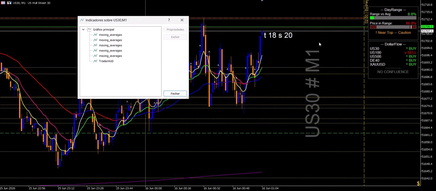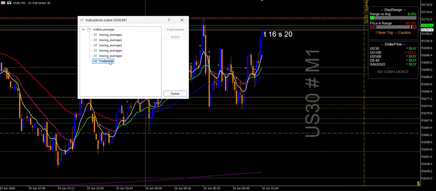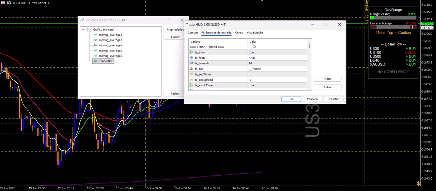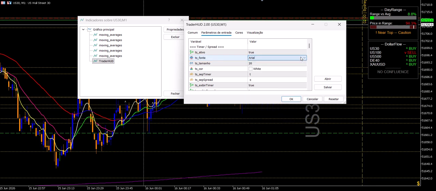Let's look inside at its configuration. All these indicators I mentioned can be enabled or disabled. The watermark, you can choose fonts.